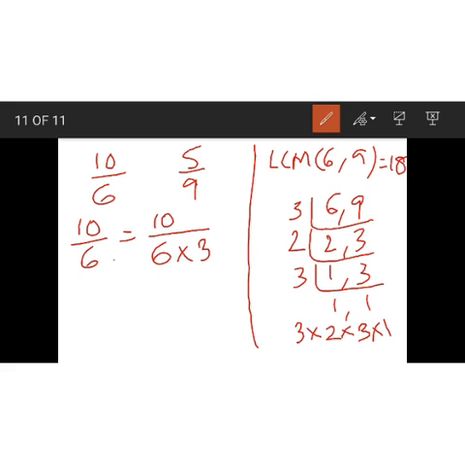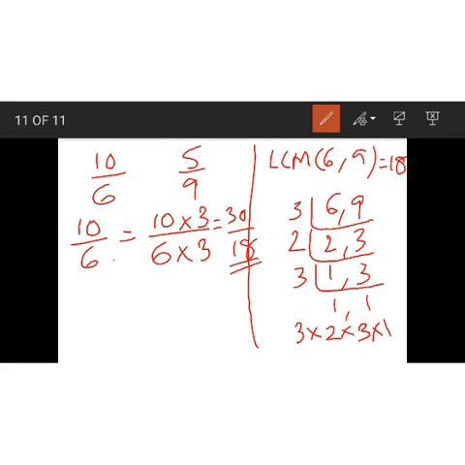Because 6 into 3 is 18, and our new denominator is 18. So when we multiply the denominator by a whole number, we have to multiply the numerator also. Here we multiply the numerator also with 3 so that we get the answer as 30 by 18. So we have got our equivalent fraction for the first fraction.